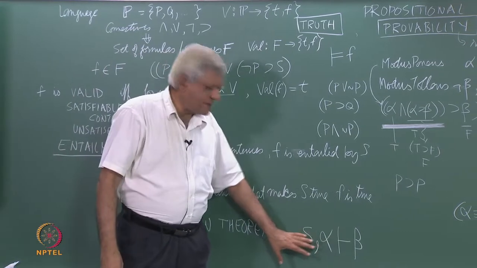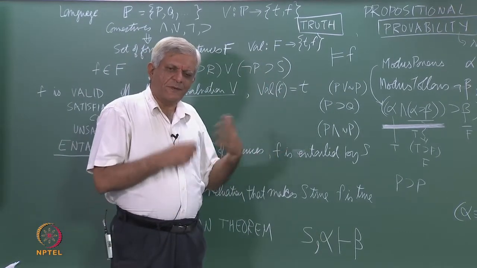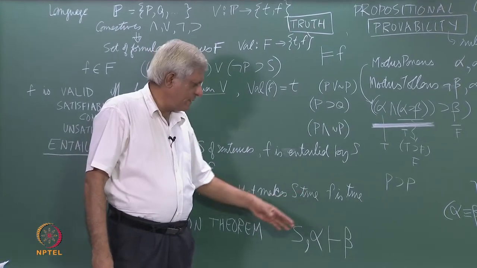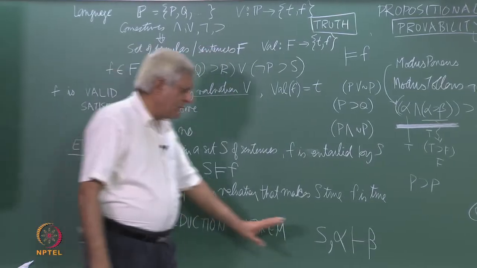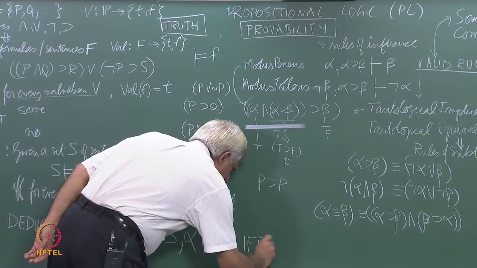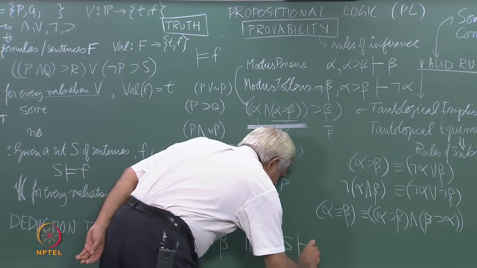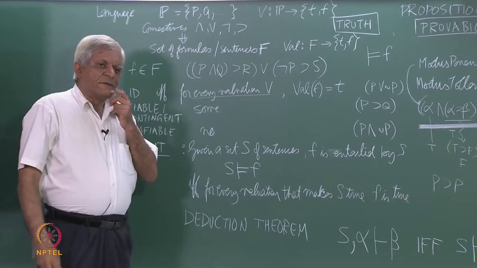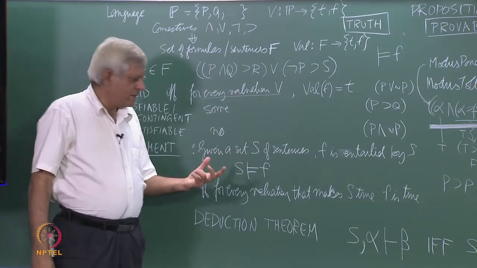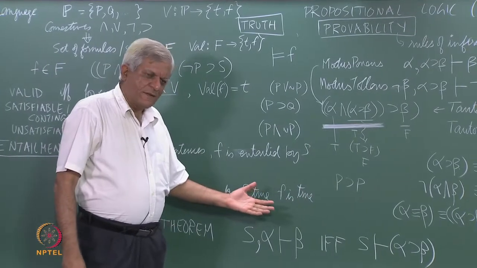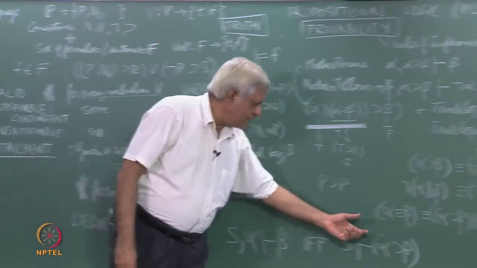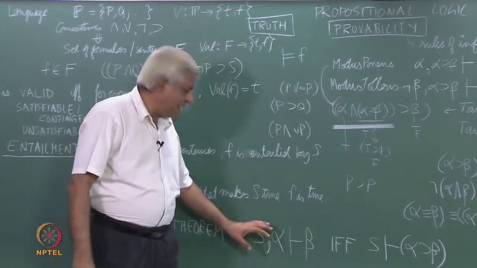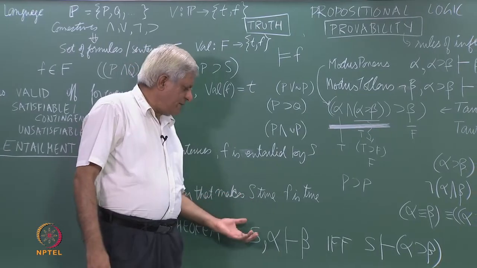Remember that this notation stands for this idea of generating a proof, that you keep applying rules of inference till you generate beta essentially. The deduction theorem says that if you can do that, then it is always the case that you can do this. You can take alpha to the right hand side, and instead of deriving beta, you can derive alpha implies beta.